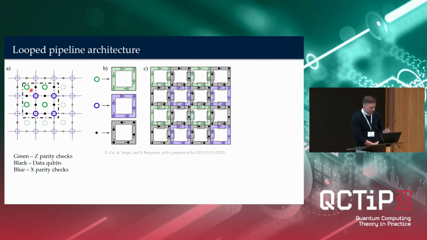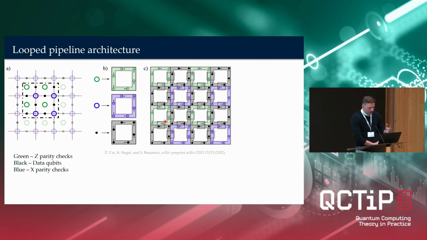We have these green Z parity checks being the faces of the code, and then on edges, we have the data qubits, and on vertices, we have these X parity checks. And in this architecture, they took all of these elements and replaced them by a loop of qubits, actually a shuttling loop. So every single qubit in this loop can be moved around.